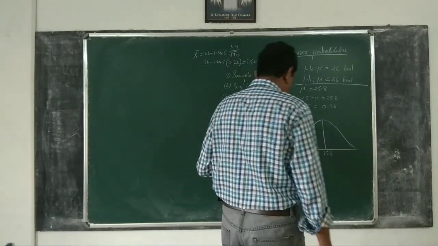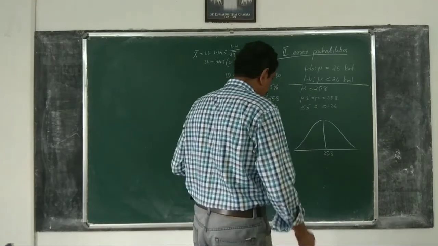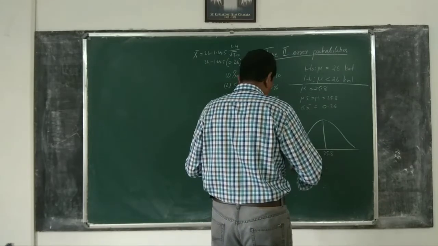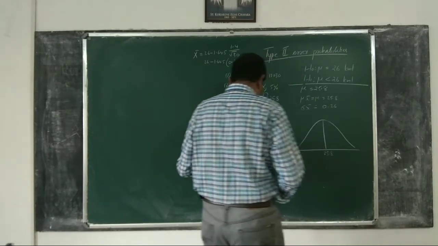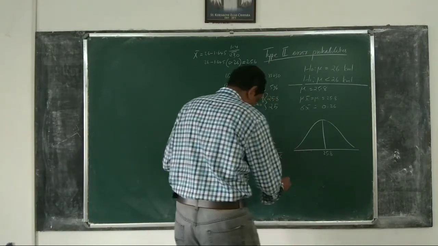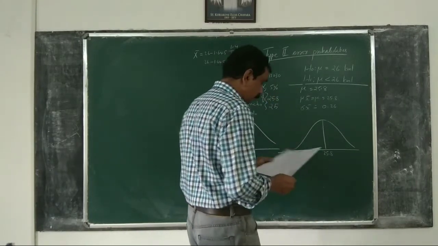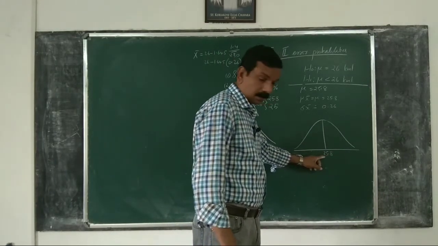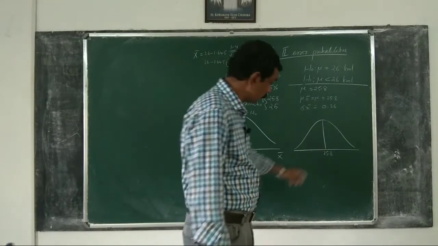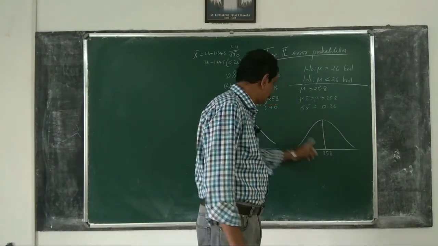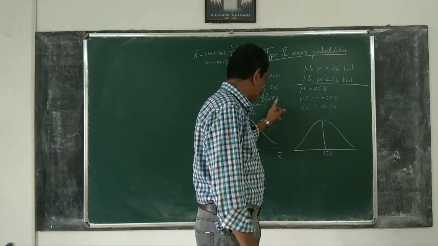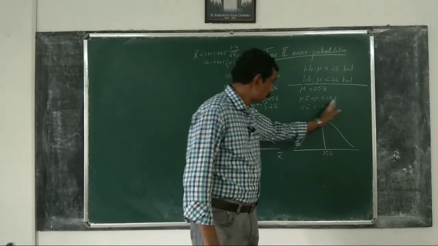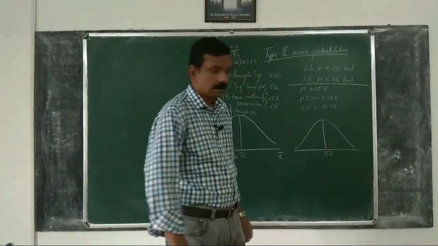And what is the decision criteria? Sigma of x bar is 0.26. So, Z can be calculated like this. We assume that the mean is 25.8. Now sigma of x bar is 0.26.